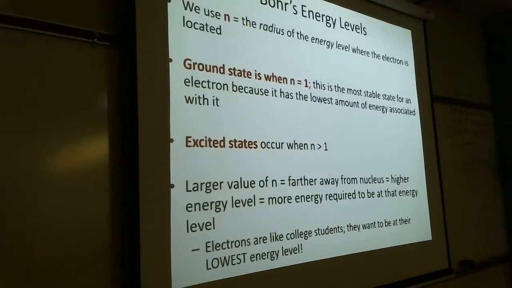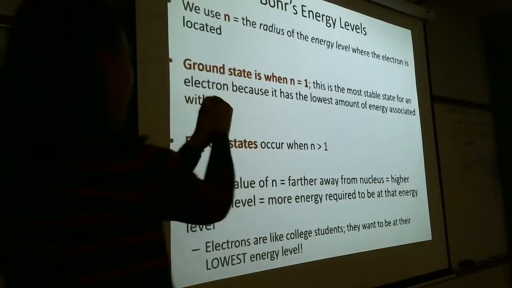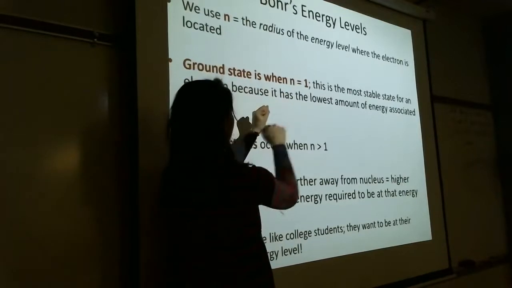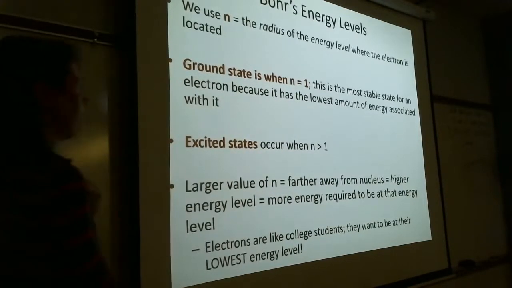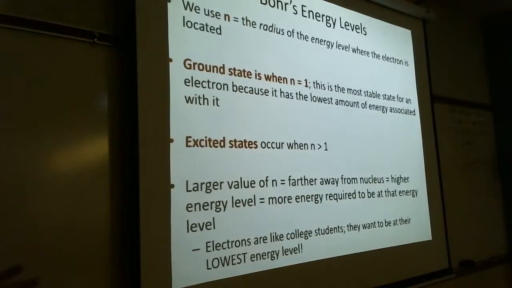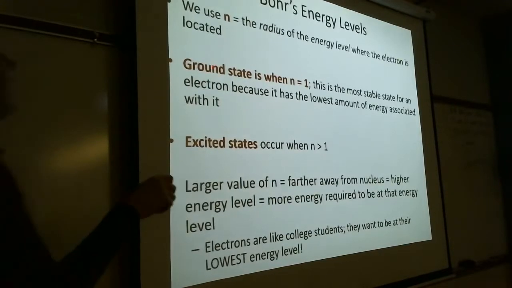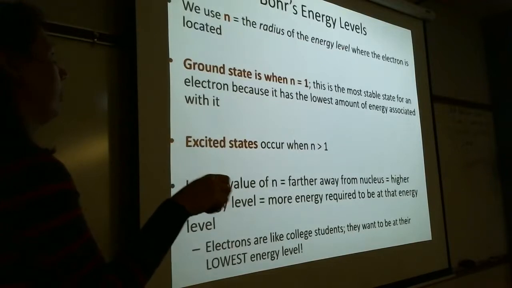Now let's talk about the Bohr model, right? Bohr has this nice little nucleus in the middle, and then the nice pretty rings going around. Yes, that's what Bohr's model looks like. If we're looking at the Bohr model, n is the radius of that energy level.